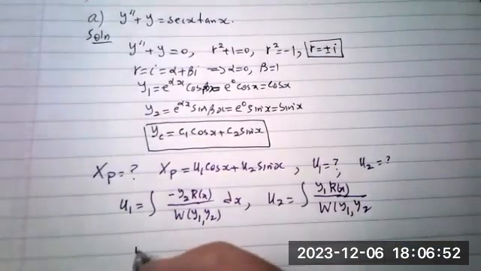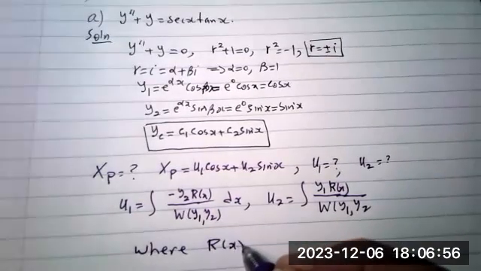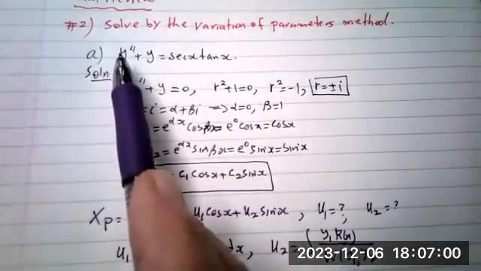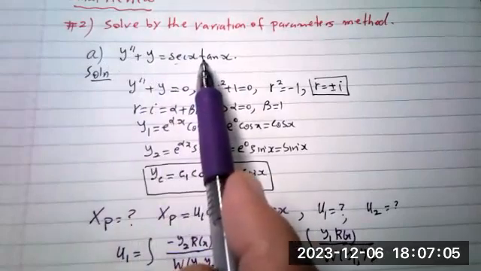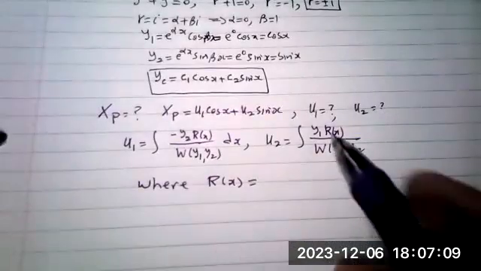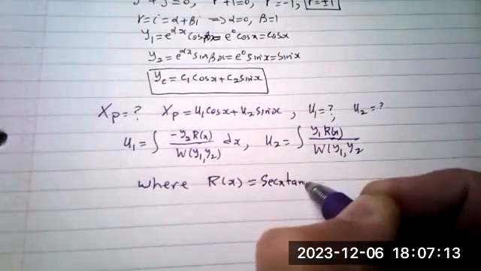Identify R(x), the non-homogeneous part, making sure that the coefficient of y double prime is 1. So it's only secant times tangent because the coefficient is already 1. So that gives you the secant of x tangent of x.